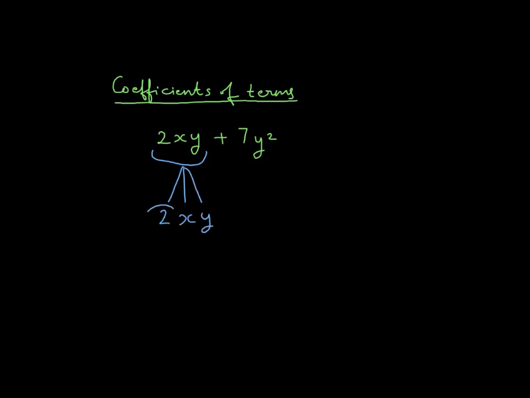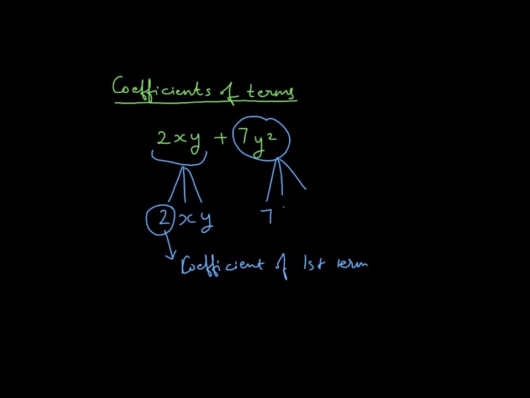The numerical portion is known as the coefficient of first term. This will be the coefficient of first term. In the same way, this 7y square can be factorized as 7 into y squared. The number in this is known as the coefficient. So 7 is the coefficient of its second term.